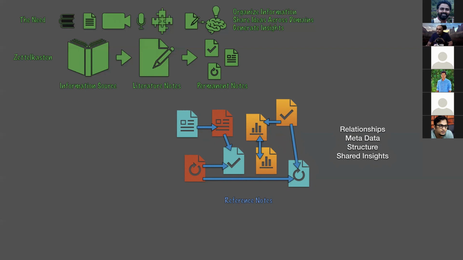What relationship does it have to the other notes that you have? When I say notes, I'm referring only to permanent notes over here. And when I'm thinking about relationships between nodes, what are the commonalities that I can look at?